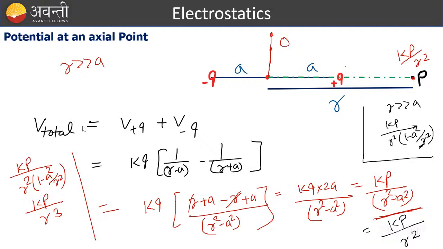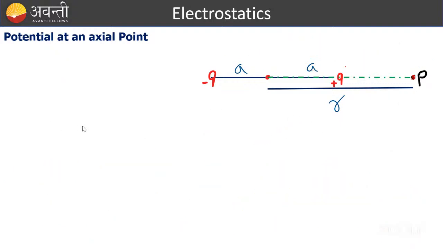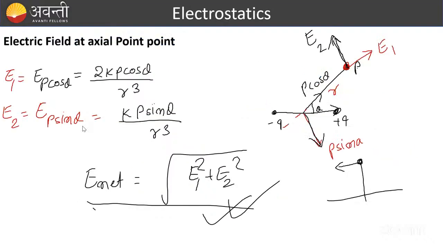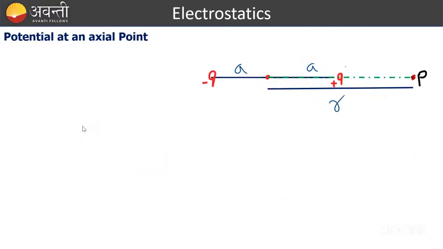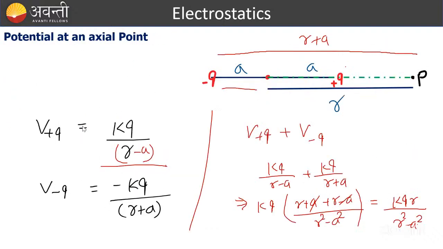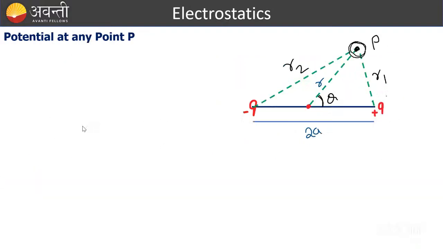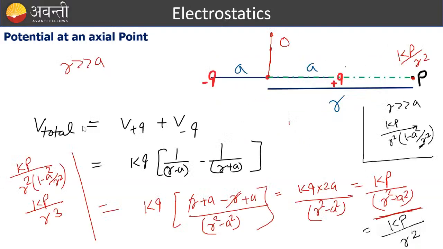ठीक है? One more noticeable thing here is electric field जो भी तुमने निकाला था, देख लो यहाँ पे, whatever we have calculated, electric field is directly proportional to 1 by R का cube. ठीक है? And what about the potential? If you look at potential, that is directly proportional to 1 by R का square. दिख रहा है?